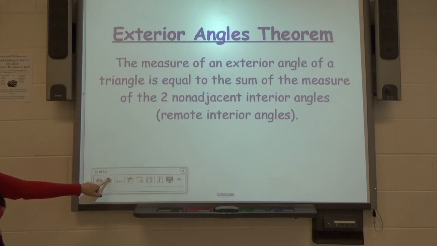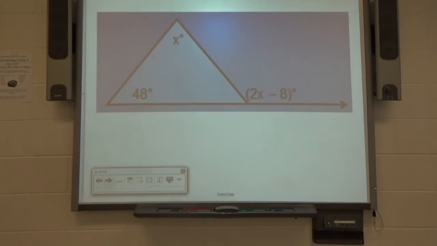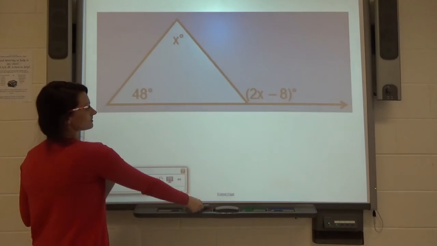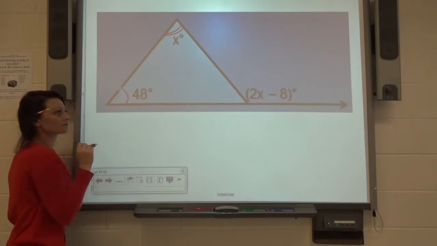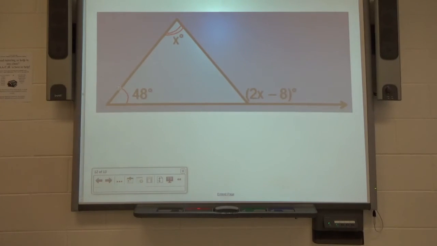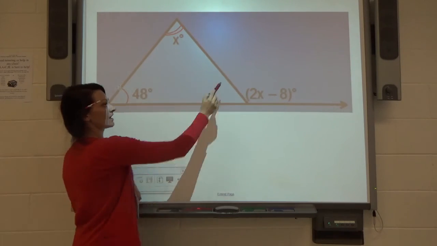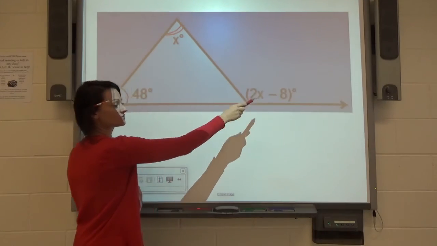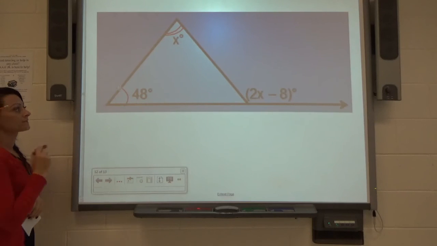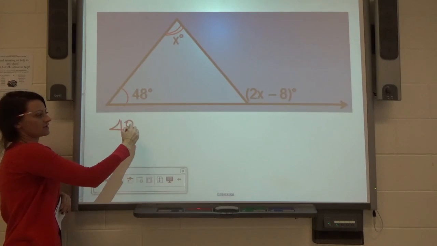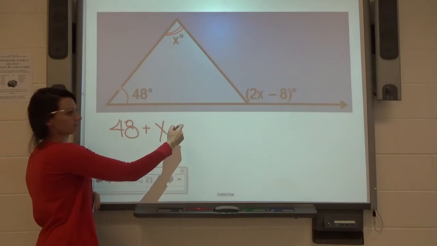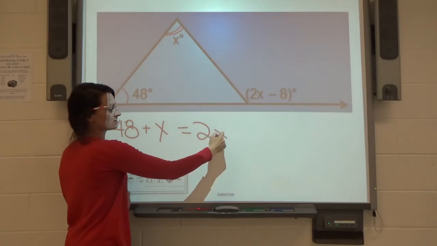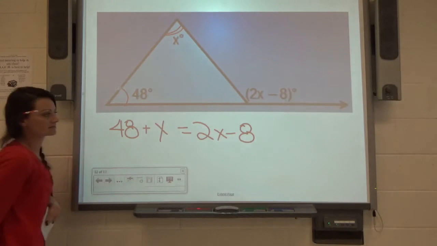So if I use this theorem on a picture like this, so now I have these two remote interior angles, or non-adjacent interior angles, and I have the exterior angle of 2x minus 8. So I can say that 48 plus x, which is my two remote interior angles, is equal to my exterior angle of 2x minus 8.